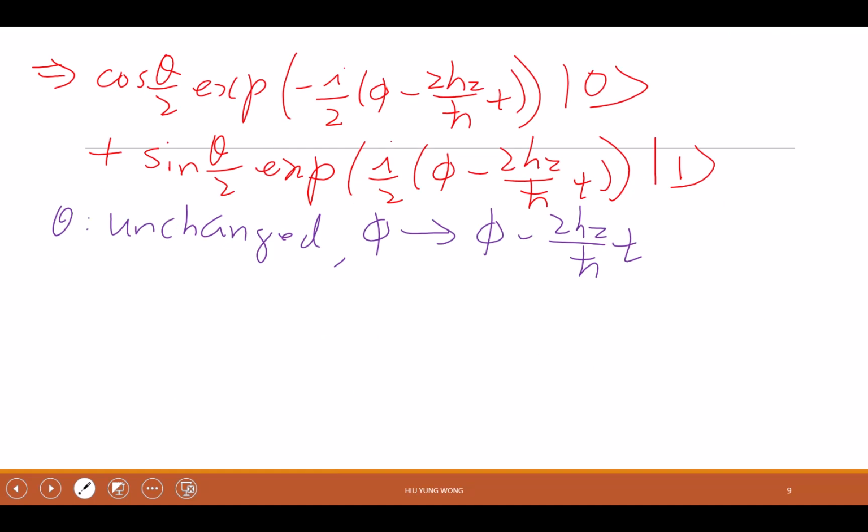You get something called Larmor precession. And it has a rate. It's rotating at a certain frequency, right? Because phi is changing.